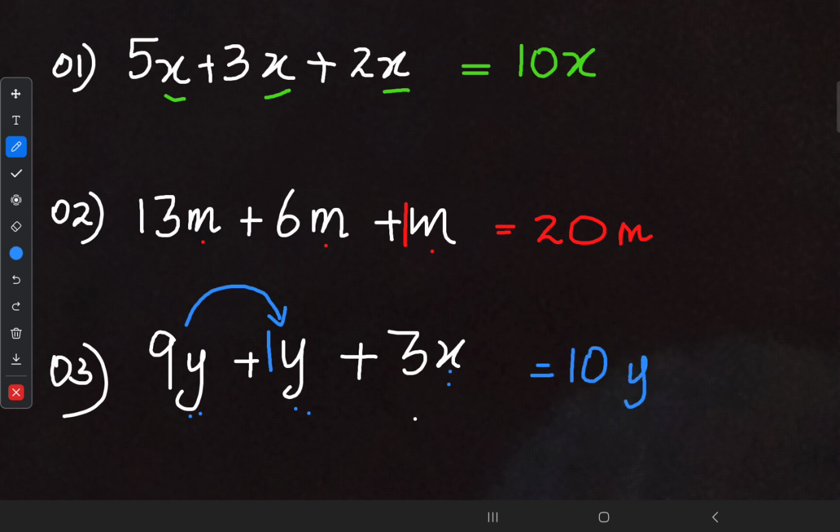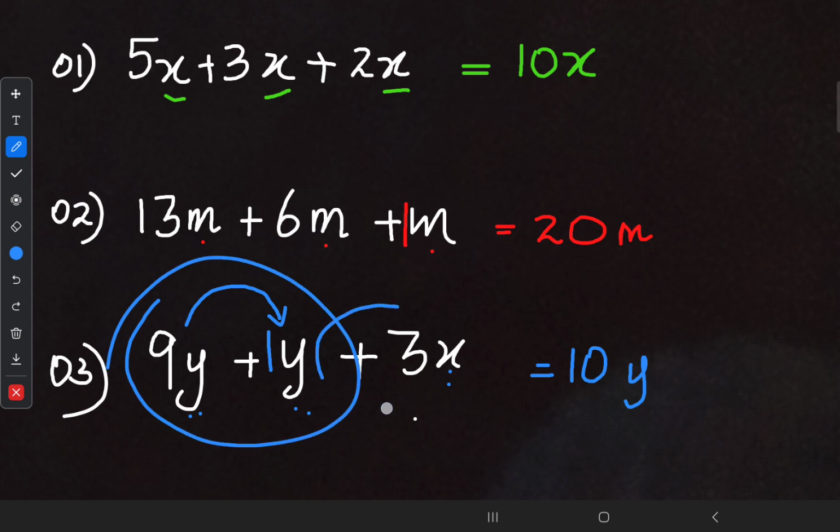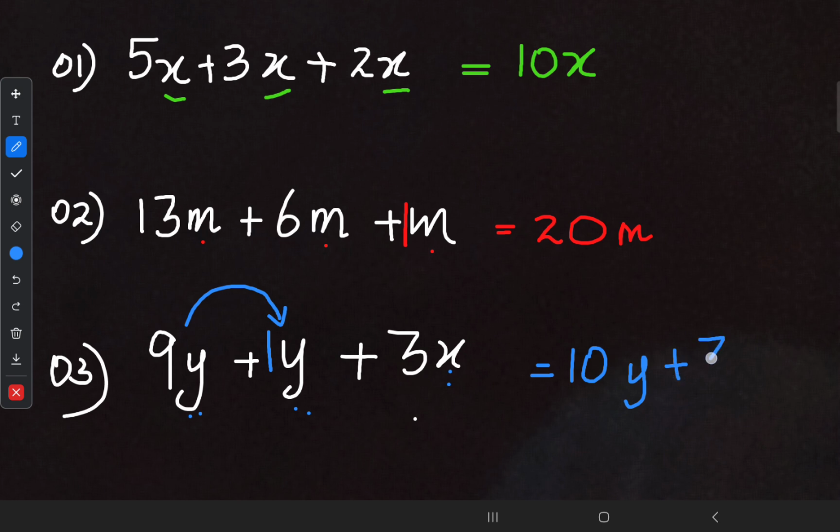Then after that we can't do anything further, because the variables are different. We can't do anything with this positive 3x, so that will remain the same as an unlike term. Here you can see the variables are different, so we can't add or subtract these two particles. So this is going to be your final answer for this case.